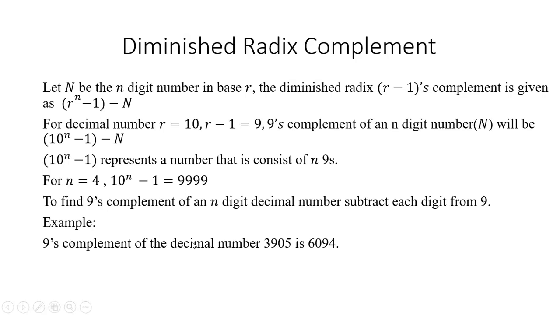Example, the 9's complement of the decimal number 3905. This is a 4-digit number, so subtract each digit from 9. So 9 minus 5 is 4, 9 minus 0 is 9, 9 minus 9 is 0, 9 minus 3 is 6. So this is the 9's complement, or diminished radix complement in base 10, of this decimal number.